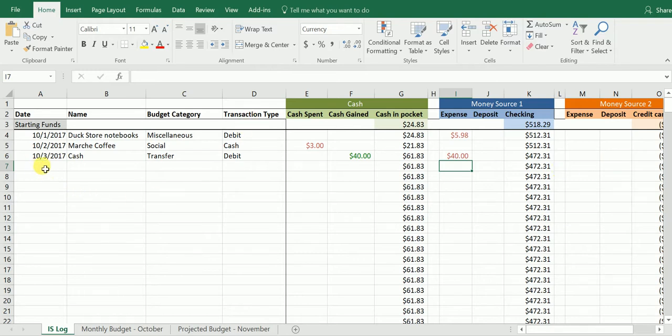Really what's important here is that you have every single transaction accounted for, some reference that will trigger your own memory about what you spend. The budget category that is consistent with your budget plan, transaction type, so that you get familiar with what kind of cash, credit, debit you use more often.